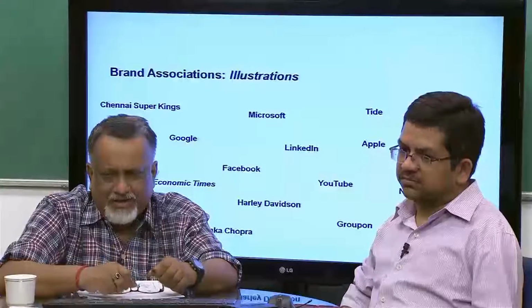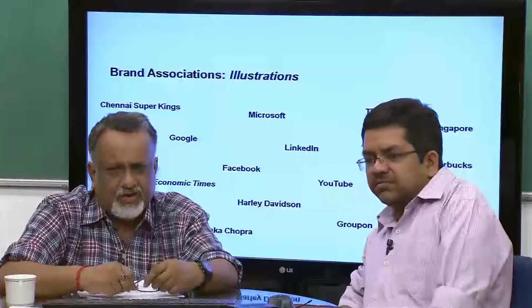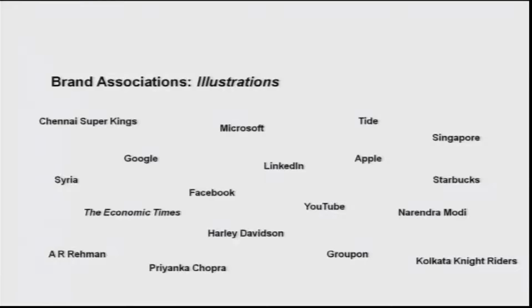So I have tried to create this mashup or cloud sort of image to show that the brands connect to different facades of our life. So here, as you see, whether it is IPL, India's very popular cricket league, the teams like Chennai Super Kings or Kolkata Knight Riders, but they are also associated with famous personalities.